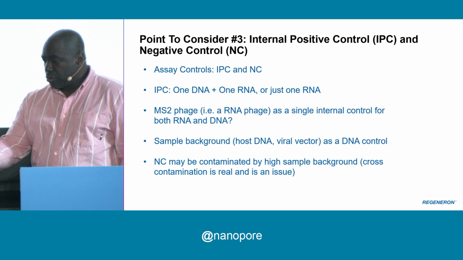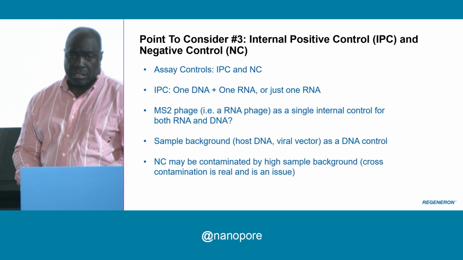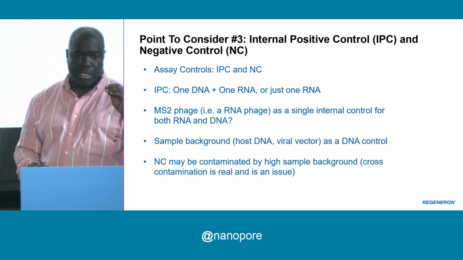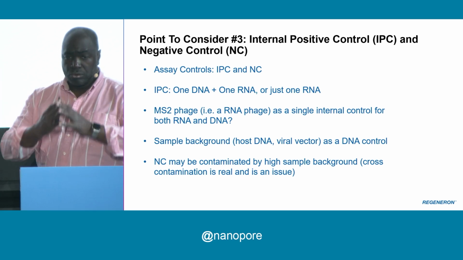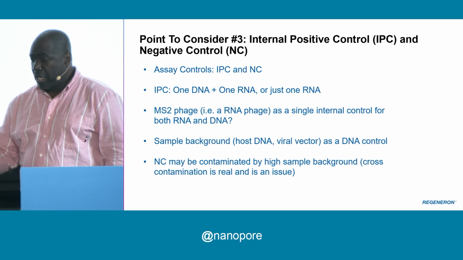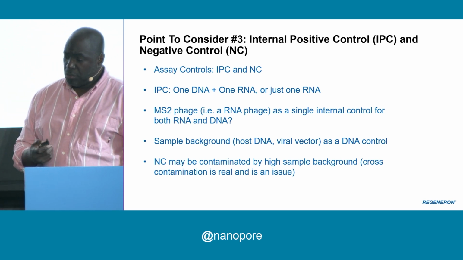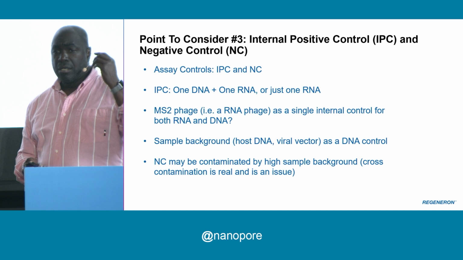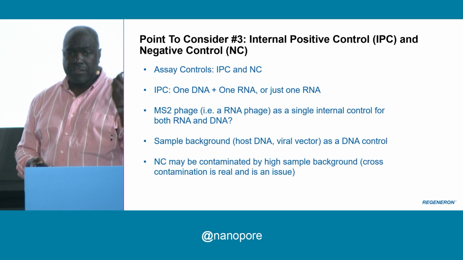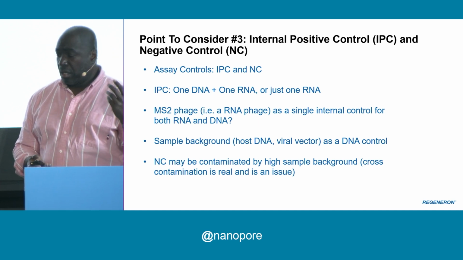Number 3, internal control and negative control. This is a QC assay. You're going to need a negative control and an internal control to really have full control of your assay. So now we see some colleagues using two phages, one RNA phage and one DNA phage.